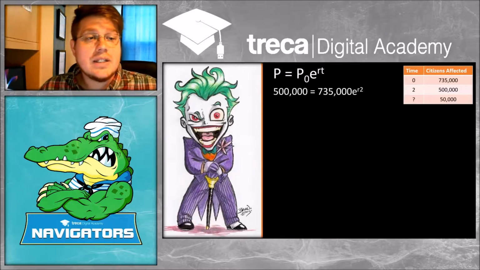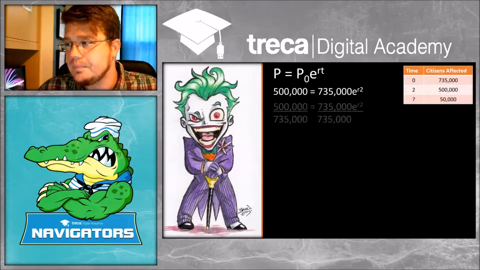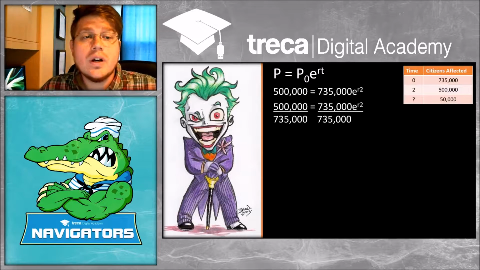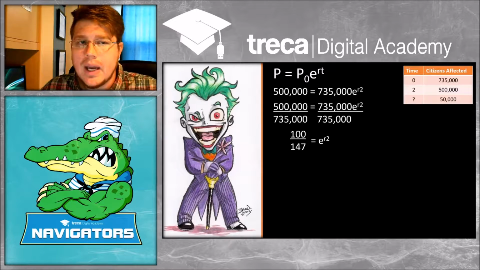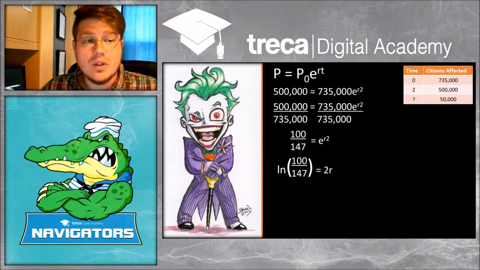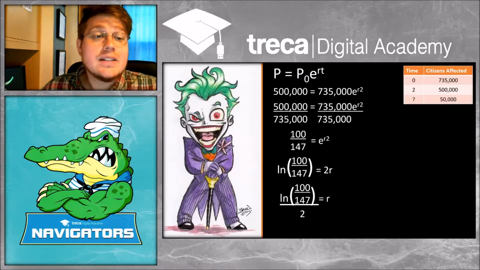We've got to deal with that pesky Euler's number, so let's divide both sides by 735,000. That gives us 100 over 147 equals e raised to the r times 2 power. If we take the natural log of both sides, we now have the natural log of 100 over 147 equals 2r. Divide both sides by 2, and yeah, that's still a big old mess.